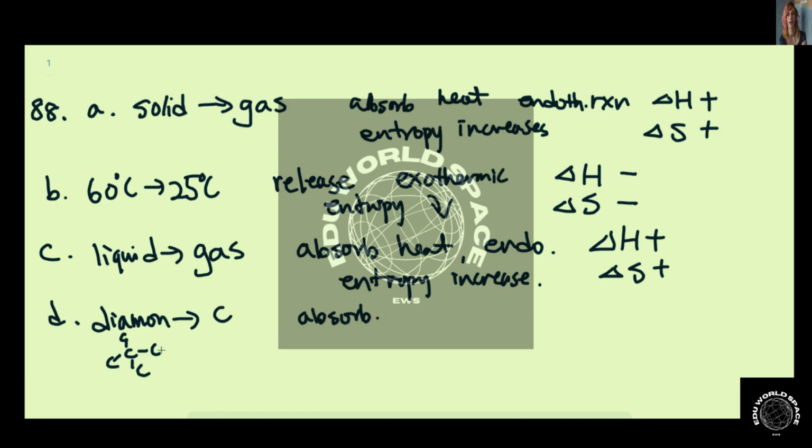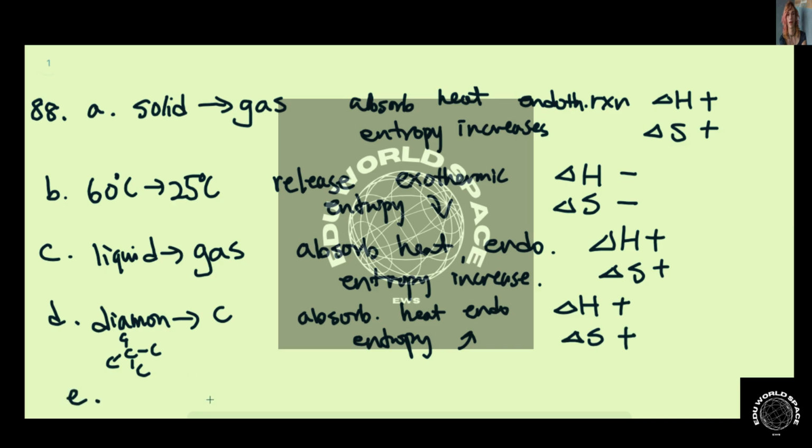Breaking those carbon-carbon single bonds, you need to absorb heat, and this is an endothermic process. So delta H is positive. Also, you're forming free carbon atoms, so the atoms will have more freedom to move around. The entropy of the system increases. So delta S of the process is also positive.